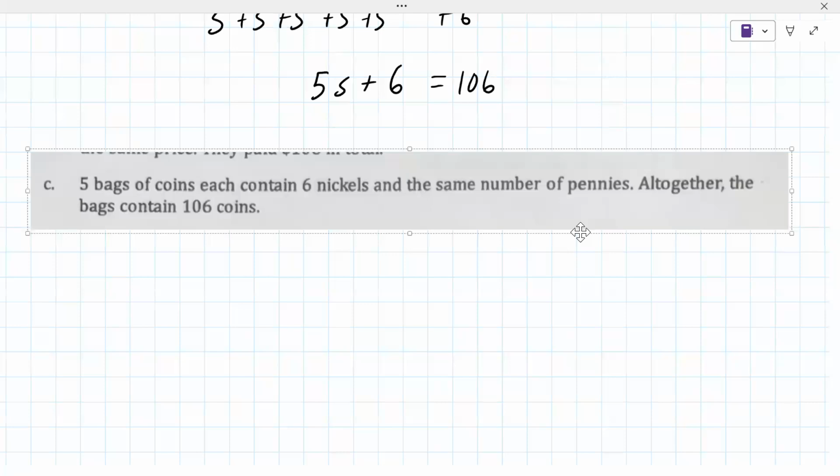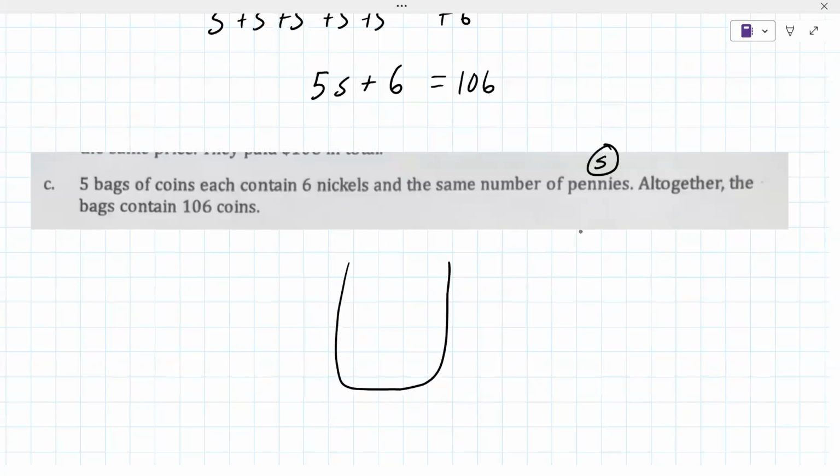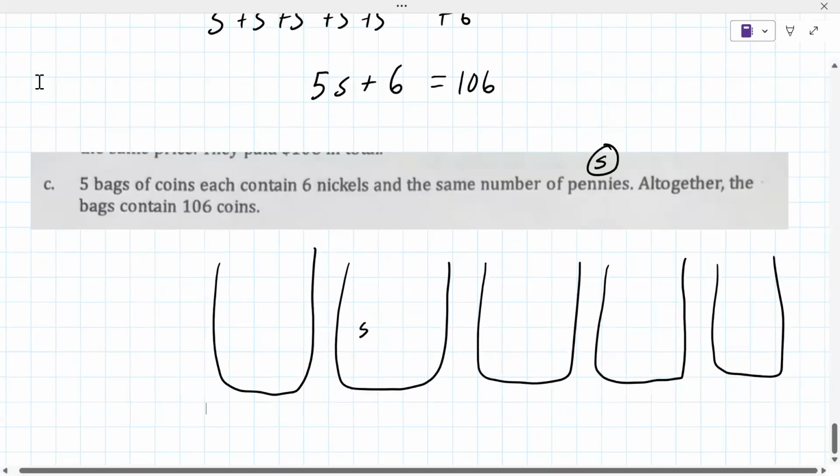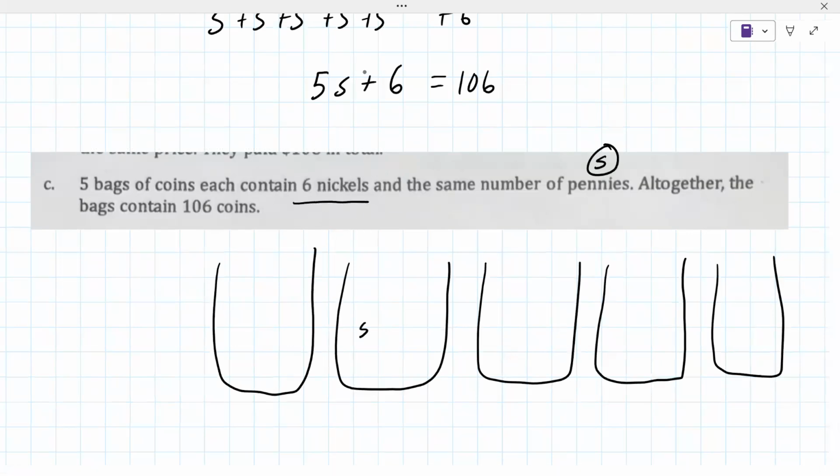5 bags of coins each contain 6 nickels and the same number of pennies. A picture here would really help. There's some number of pennies in each bag, but what does it say is also in the bag? 6 nickels. So we'll call that plus 6.